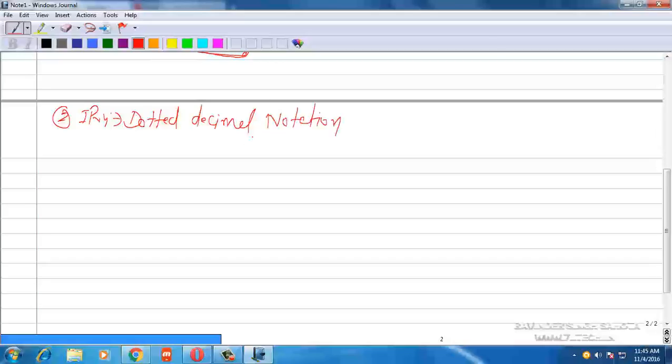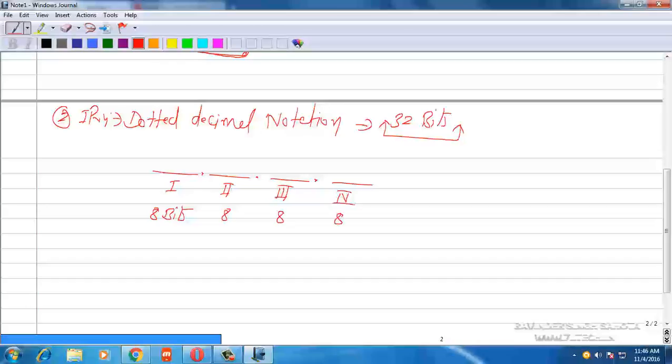Right, like, as you know, IP version 4 address is 32 bits in size, but when we write these 32 bits, we write them in decimal, and these 32 bits are divided into 4 octets, like first octet, then dot, second octet, third octet, then fourth octet. Each octet contains 8 bits, right?